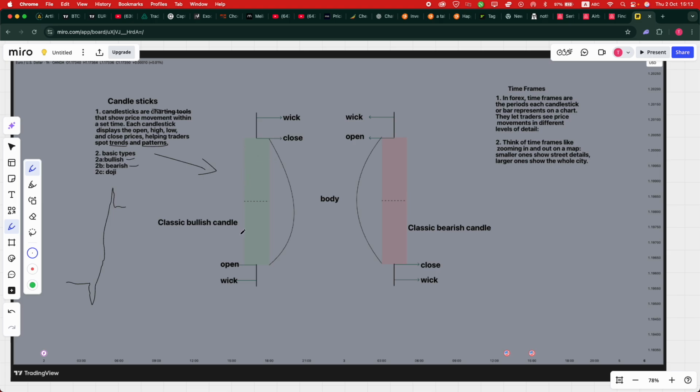Now, when it closes, you have a candlestick. A classic bullish candle is made of the open, the low, which is this, the candle low, the candle high, and the candle close.